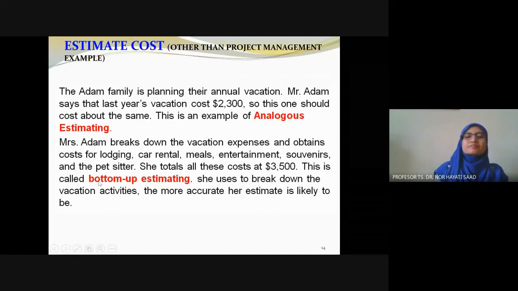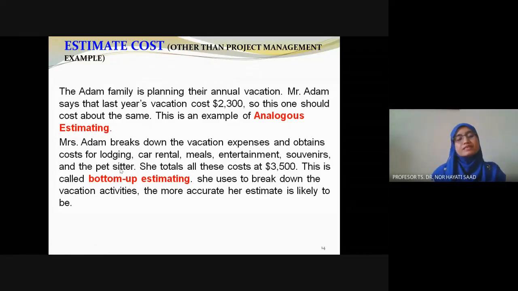Again, the more the detail. In Adam's case, he has vacation expenses: he has to pay for the lodging, accommodation, hotels, rent a car when he arrives at the place, cost for meals, cost for entertainment, cost for souvenirs to bring for family, and cost to take care of his pet while he is away.